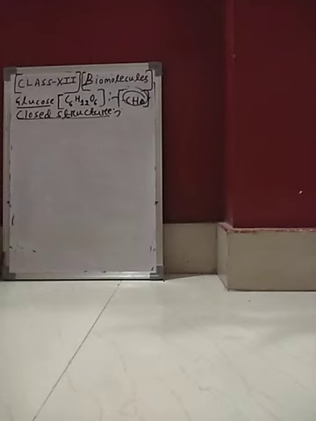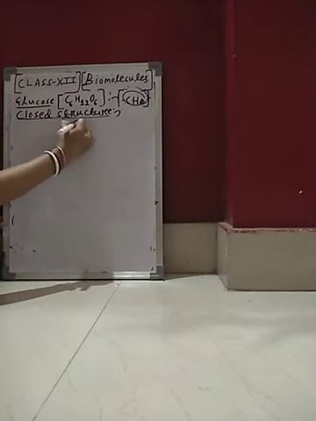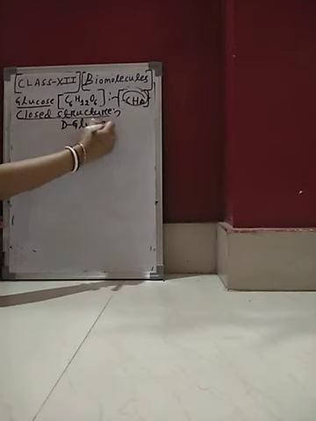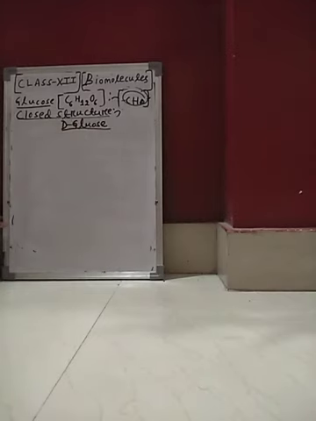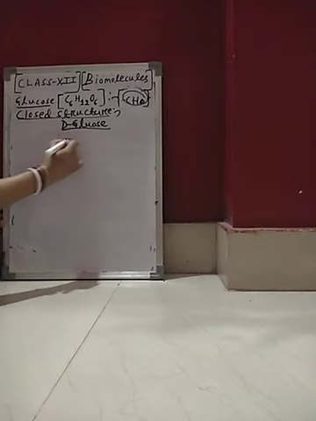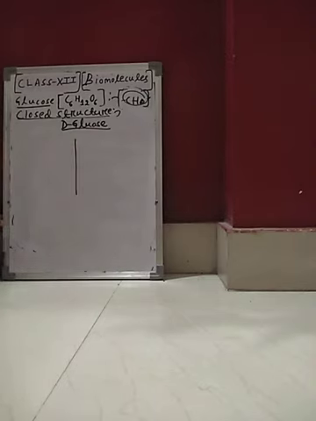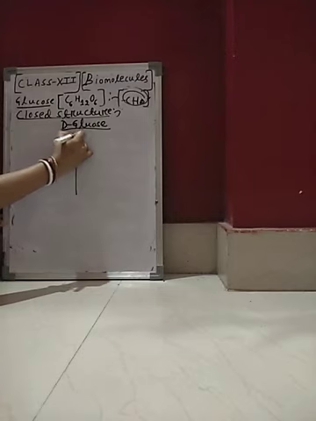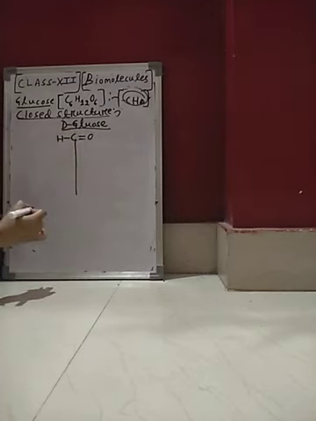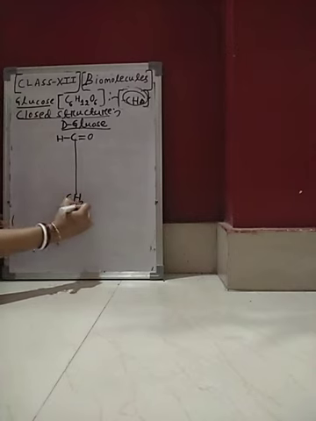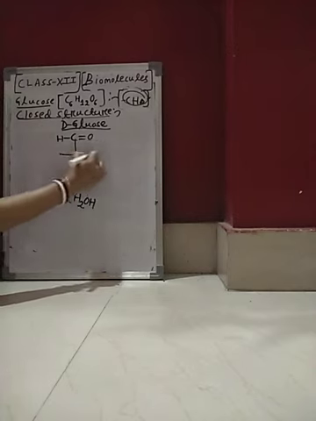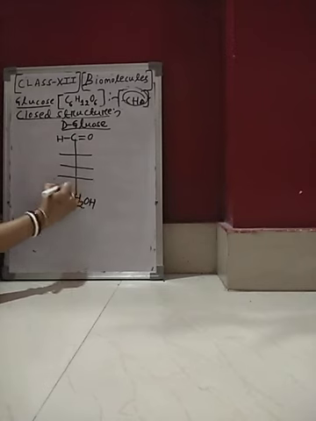In order to do this, I first draw the structure of D-glucose, which I have already discussed. The CHO group is at the top. At the bottom is CH2OH, then the remaining 4 carbons, 1, 2, 3 and 4.